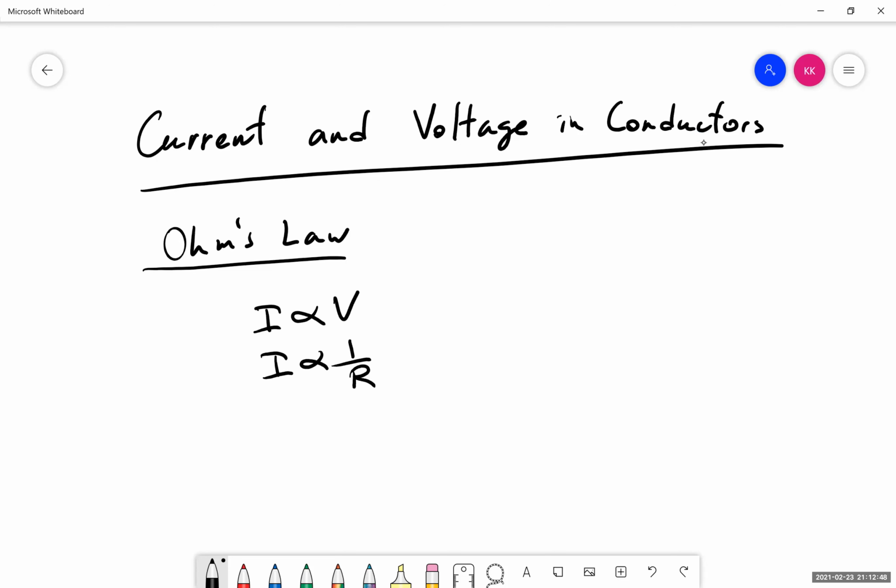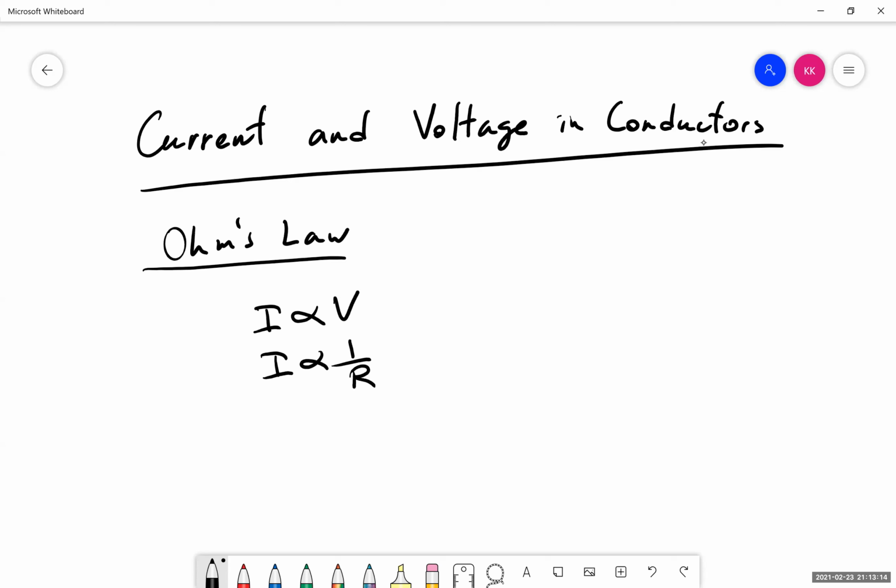The voltage allows us to create an electric field in the circuit and have the charges move around. Resistance, on the other hand, allows the material to resist the flow of charges. And the higher the resistance of the material, as we learned, the lower the current in the circuit.